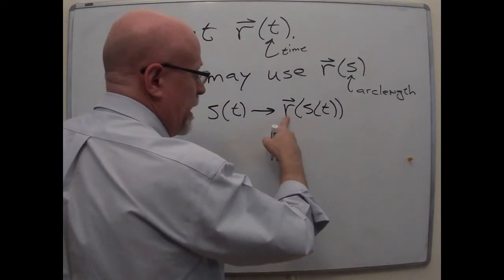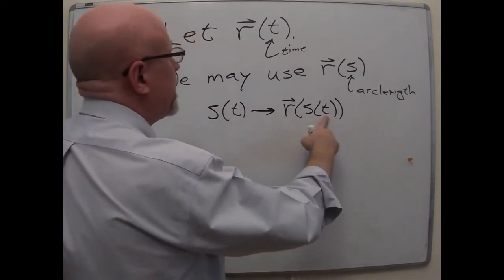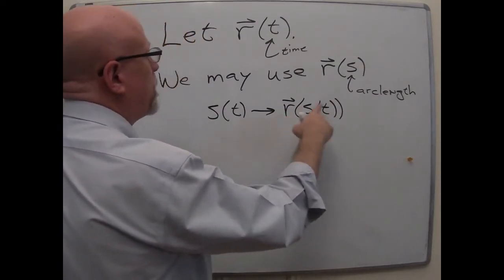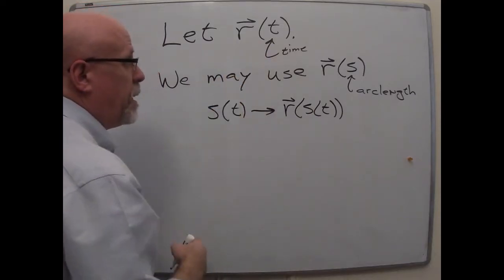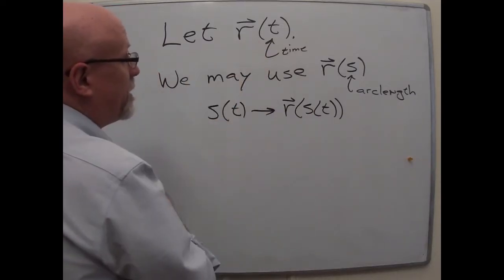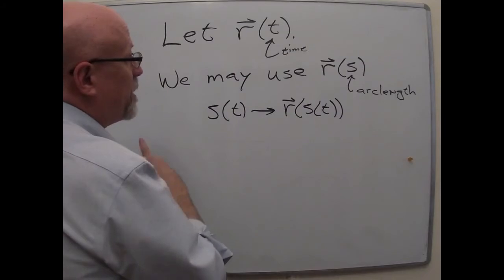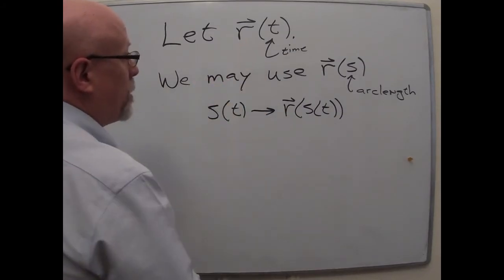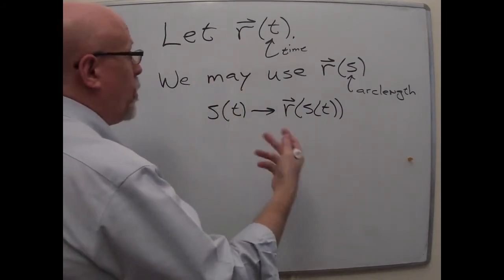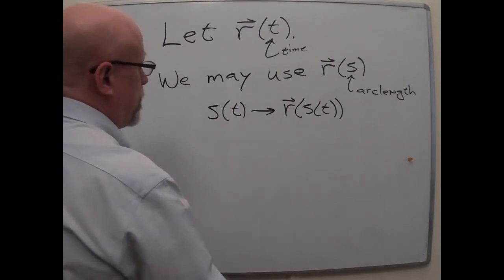And that just means in the end, I've got a vector r that's a function of t. On the other hand, if I just had r of t, think of that as the primary guy, but I wanted to convert it into r of s, well, I just need the inverse of this function.